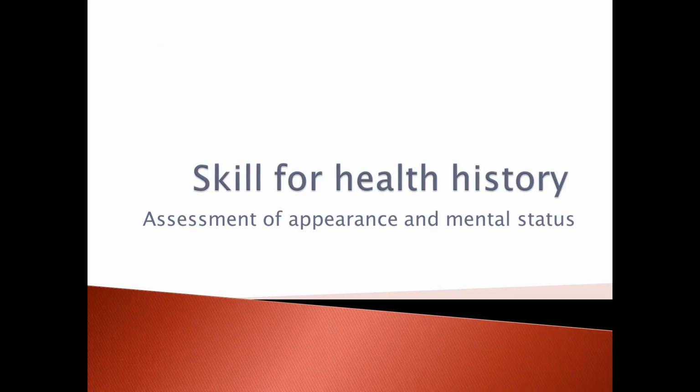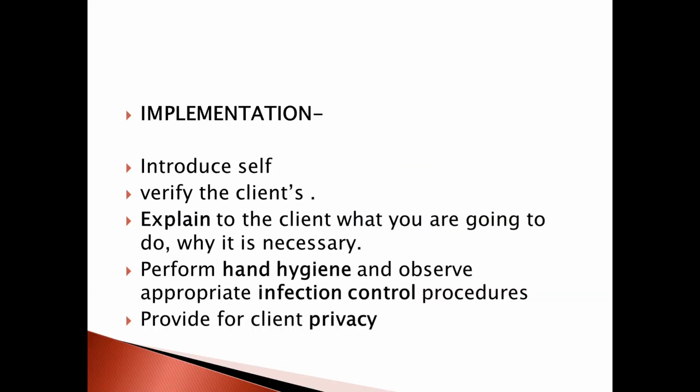So next we are going for the skill for health history. In that we have to go for the assessment of appearance and the mental status. This is the implementation stage. You have to introduce yourself, verify the client's name, IP or OP number, and age, address, everything you have to verify.